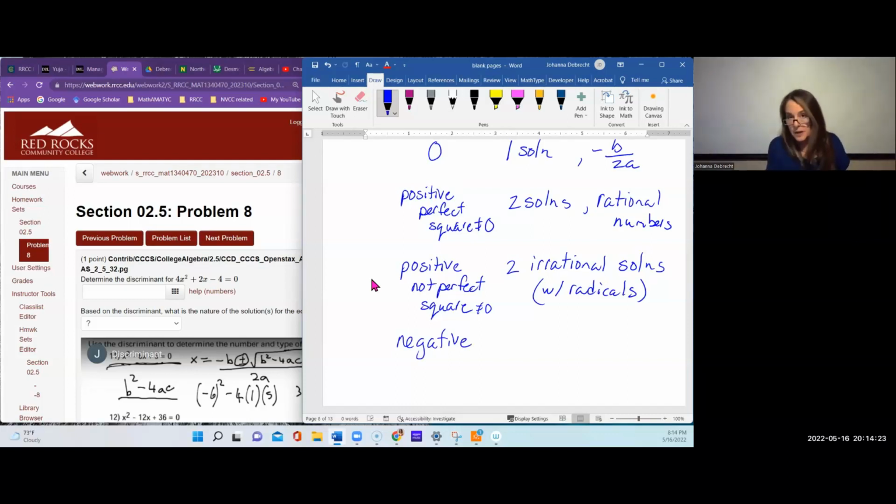Negatives that are perfect squares will give us i's, complex numbers in the numerator. Negatives that are not perfect squares will also give us complex numbers in the numerator with an i, but the radical will still be present. So if we have a negative number, we do get two solutions, but they're complex with an i.